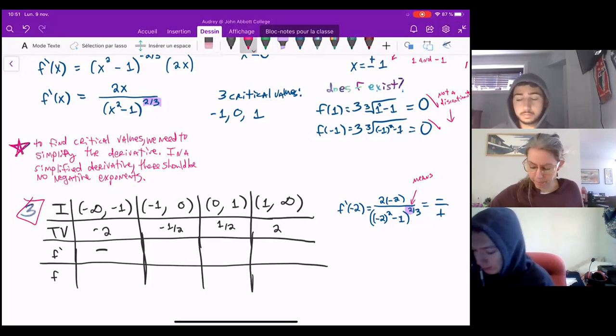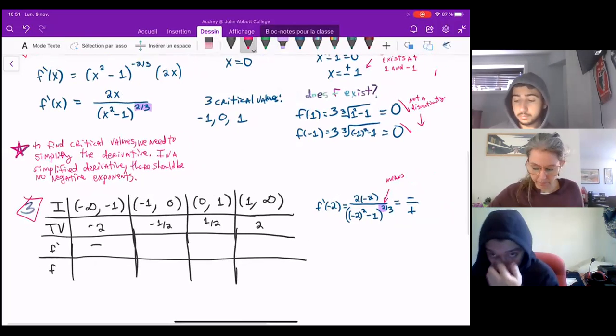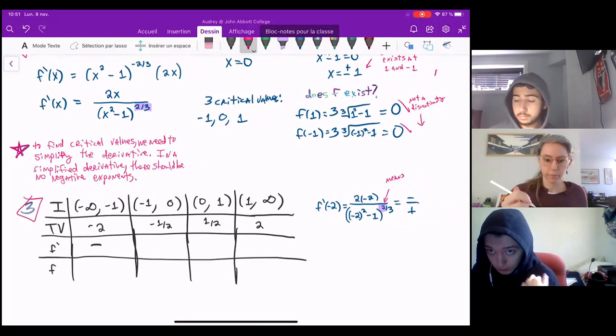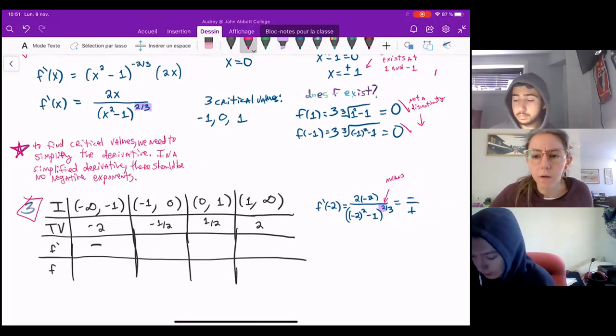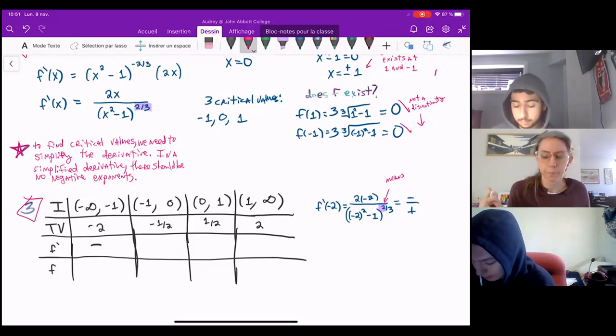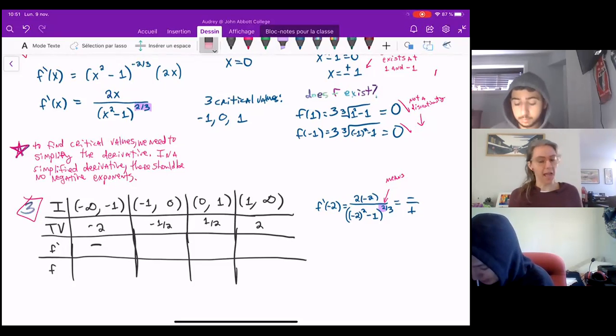What's up, Kareem? What's the TV in the second column? I didn't get it. Test value. Oh, right. So you just take a random value inside each interval, like picking a random value between negative infinity and negative 1. So for example, could I have picked negative 84 if I wanted to?